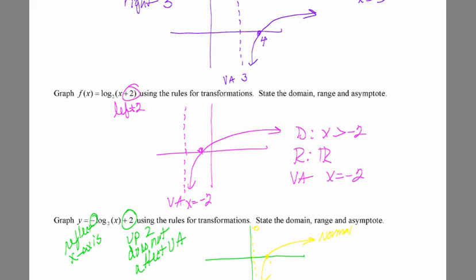Now let's take that normal logarithm shape and reflect it across the x-axis, which is here. And once it's reflected, let's move it up 2 units. So I'll show the reflected shape in this light blue. So if this thing flips over the x-axis, it should look like this.